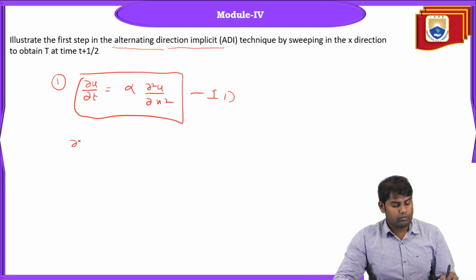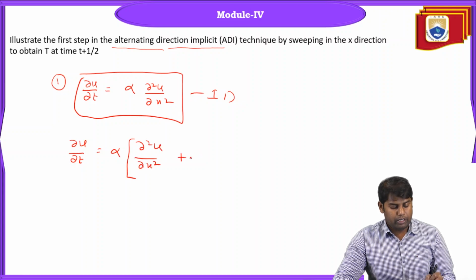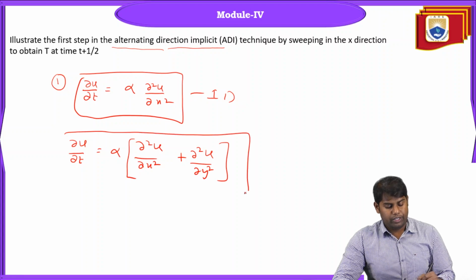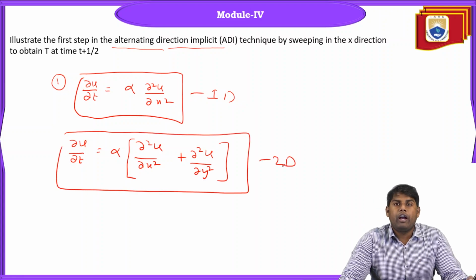Next, dou u by dou t is equal to alpha into dou square u by dou x square plus dou square u by dou y square. So this is 2D. So we have 1D and we have 2D. We will write the ADI expression both for one dimension and for two dimensions.